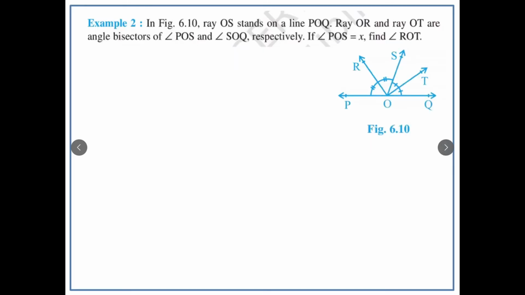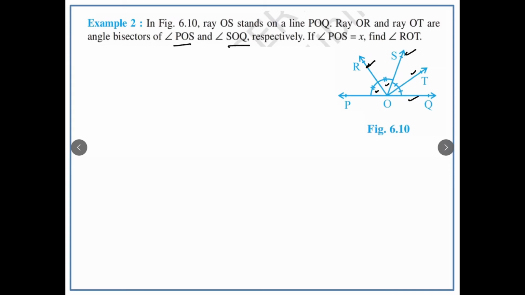Okay, moving ahead to the next example, which is a very important one. It says in figure 6.8, ray OS stands on line POQ. So we have this line POQ, and there is a ray OS standing over it. Then we have another ray OR and OT are angle bisectors of POS and SOQ. That means this ray OR is bisecting this angle, that means these two portions are equal.